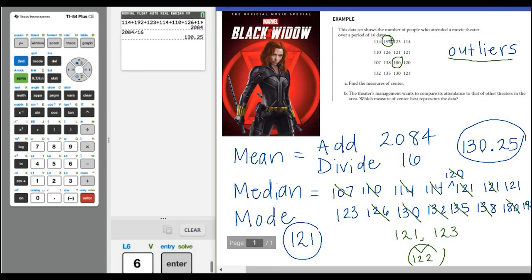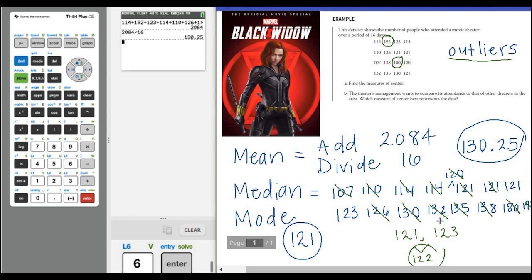So those higher numbers that might have come from an opening of a movie or something like that, or even just a fluke day, can really drive up the average. And so I think in this case, the median or the mode would be the best way to represent the data.